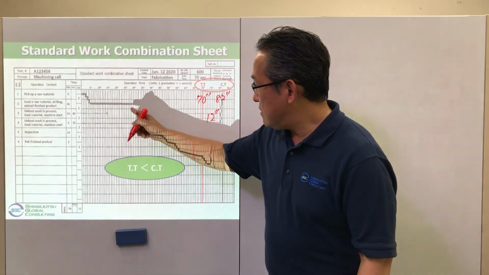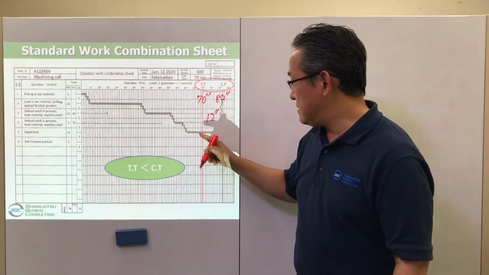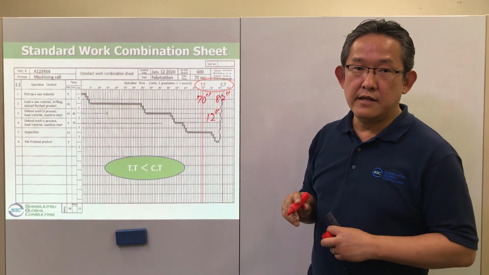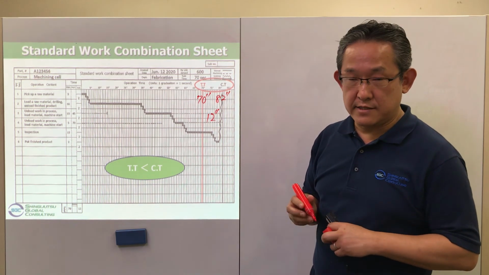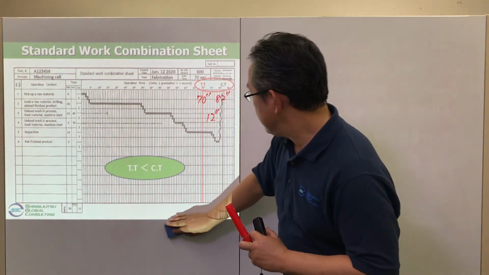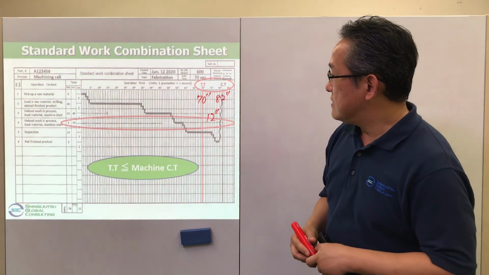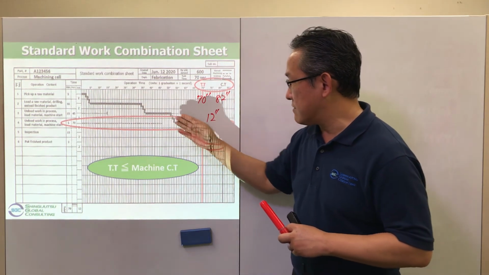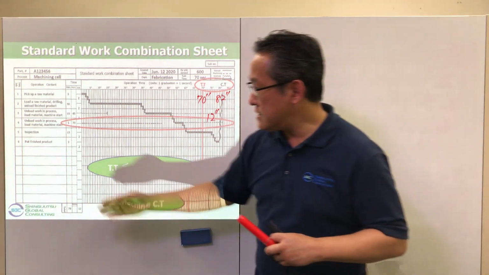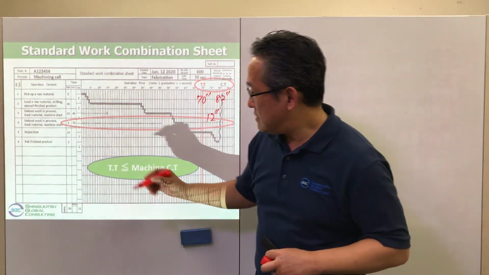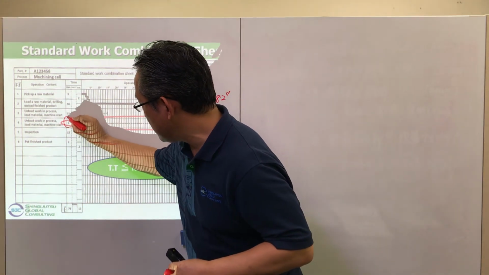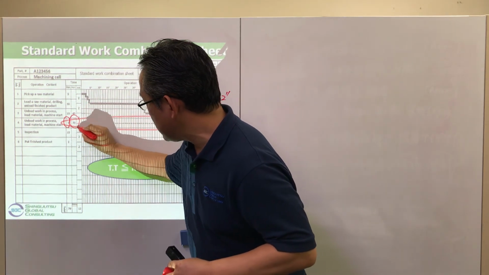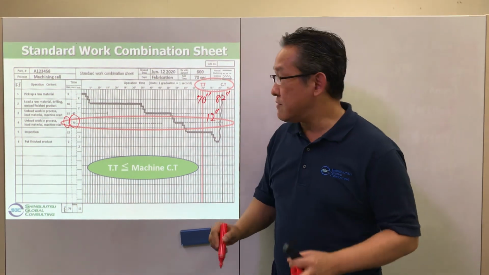The first improvement is to reduce the manual work time by making work more efficiently. Some of the manual work time can be reduced, but at machine 3, there are 5 seconds of manual time after the automated process time of 70 seconds, for a total of 75 seconds, which exceeds the takt time.